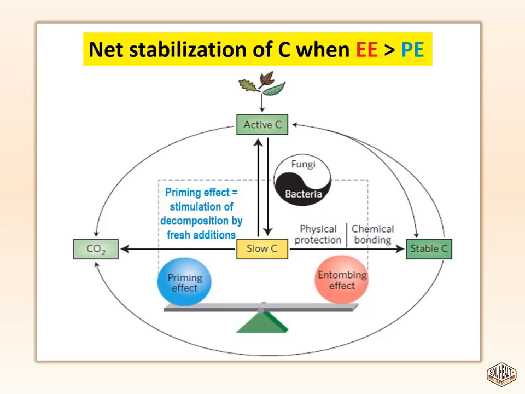Therefore, more organisms and more grazing, so to speak, of soil carbon, which means more loss of carbon from the system through respiration. On the other hand, and what we want, is a buildup of the carbon in the form of stable organic matter. And when this is achieved, you have what's called entombment of organic matter. And this is largely assisted by the physical and chemical protection mechanisms that we just discussed.